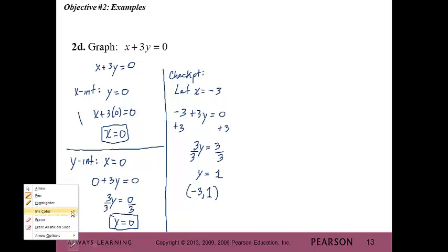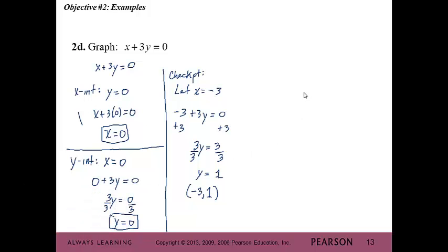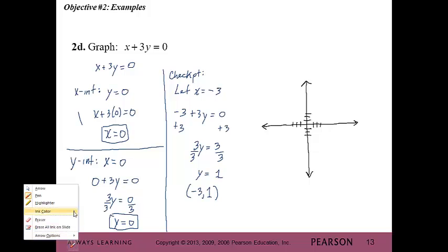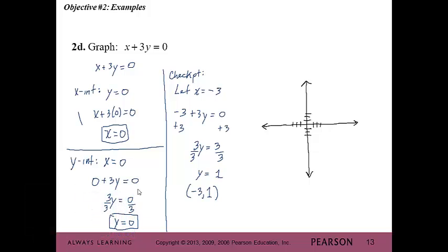Now we can graph. So the x-intercept is x equals 0, so it's at the origin.